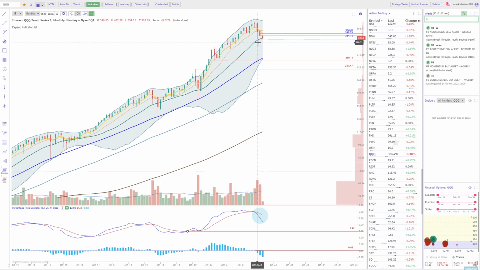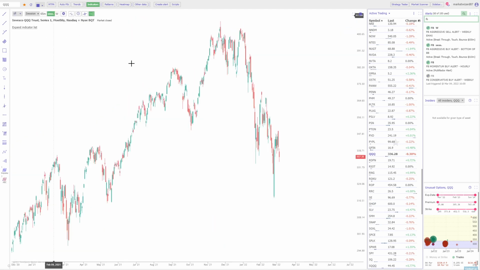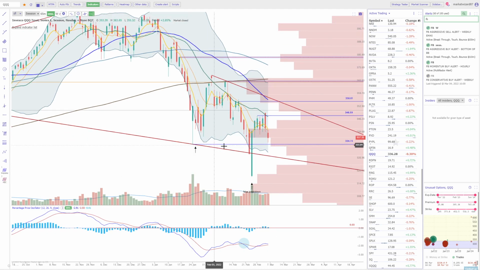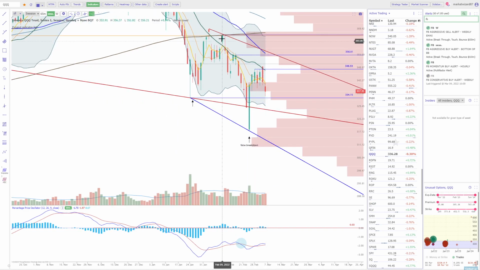So that 334 level is very, very important for many, many reasons. And this is now giving me this inverted cup and handle look. And getting below 334 will certainly open up this type of look, where it's just going to meander down here.